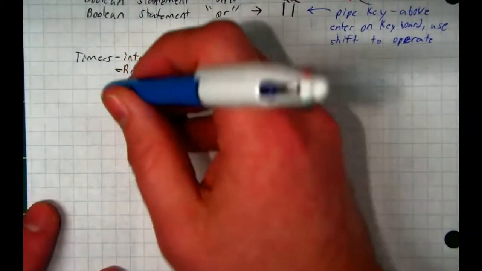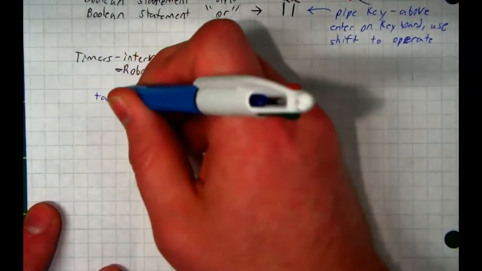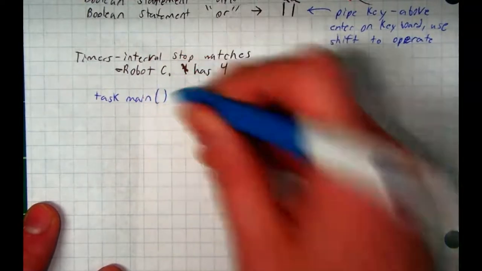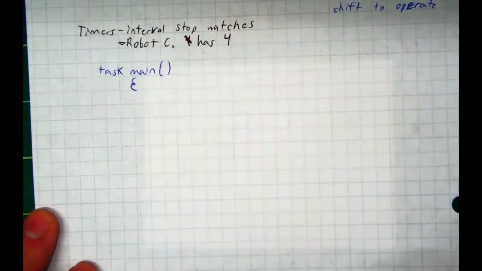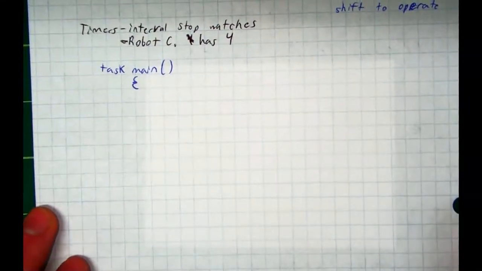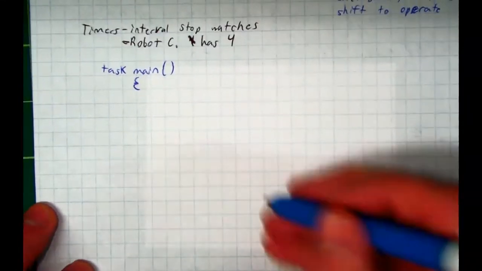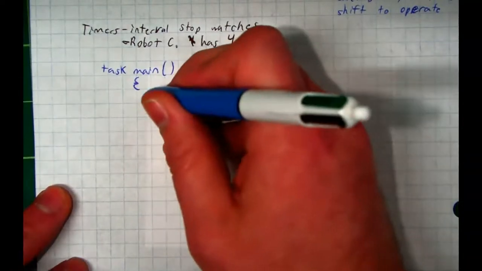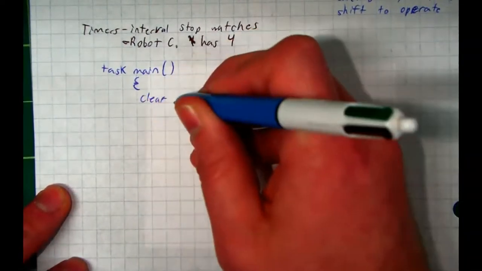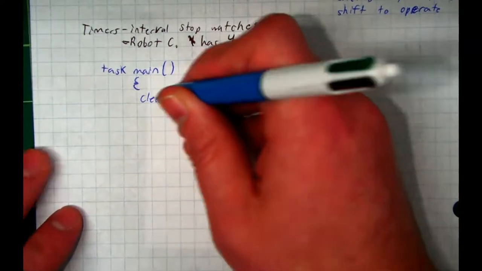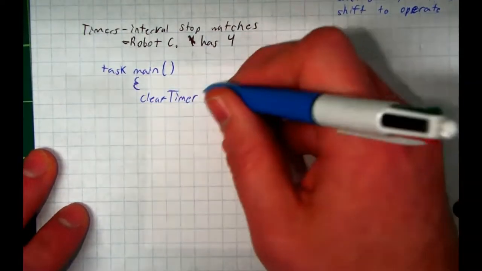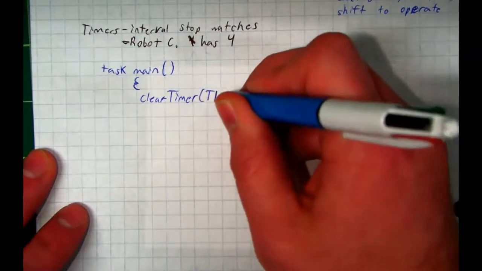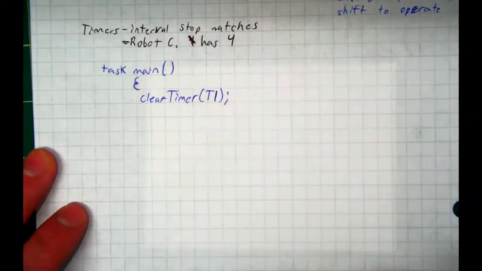So let's write a code to see how we use a timer. Task main, open and close your parentheses, and then open a bracket. The first thing you want to do if you're going to use a timer is clear your timer. In other words, reset it. So we'll have the code automatically clear one of our timers. Lowercase c, uppercase T, clearTimer, and then in parentheses, timer 1, semicolon.